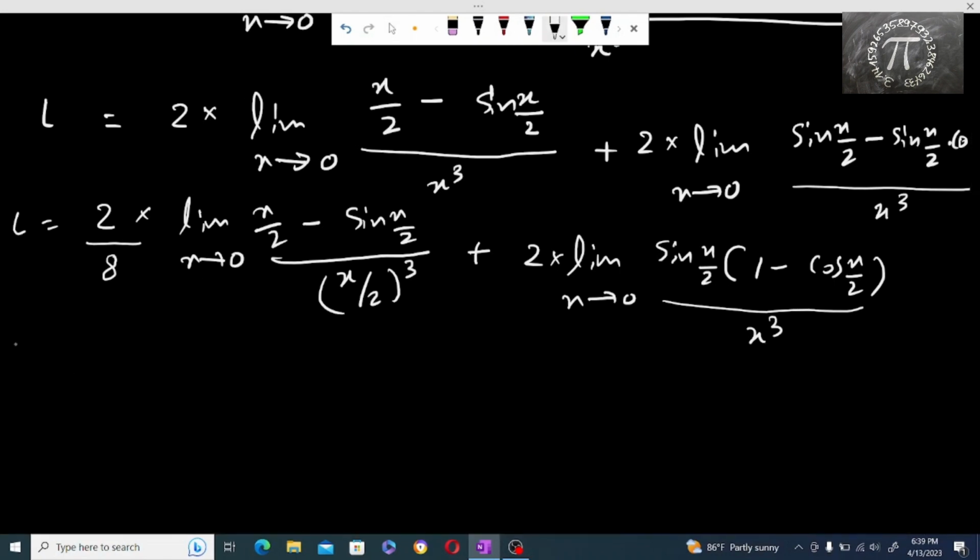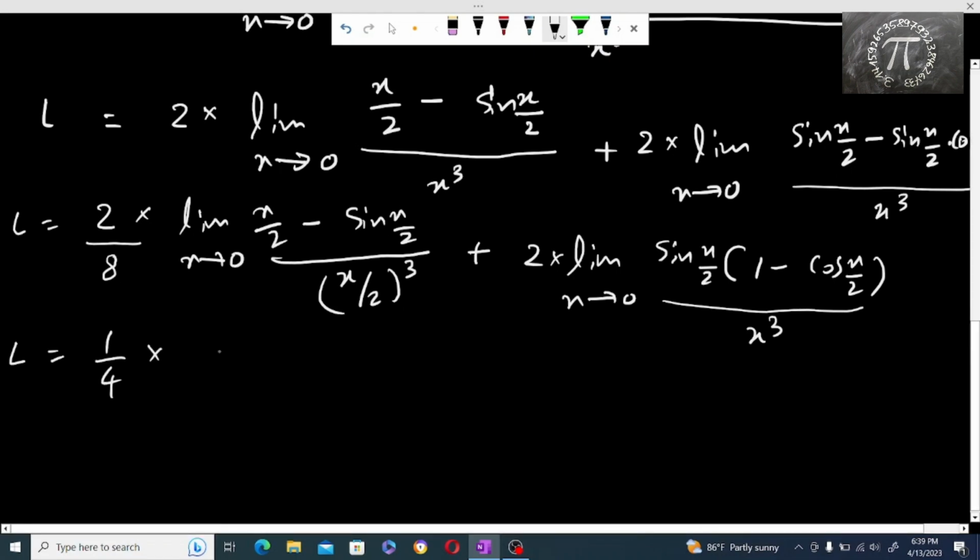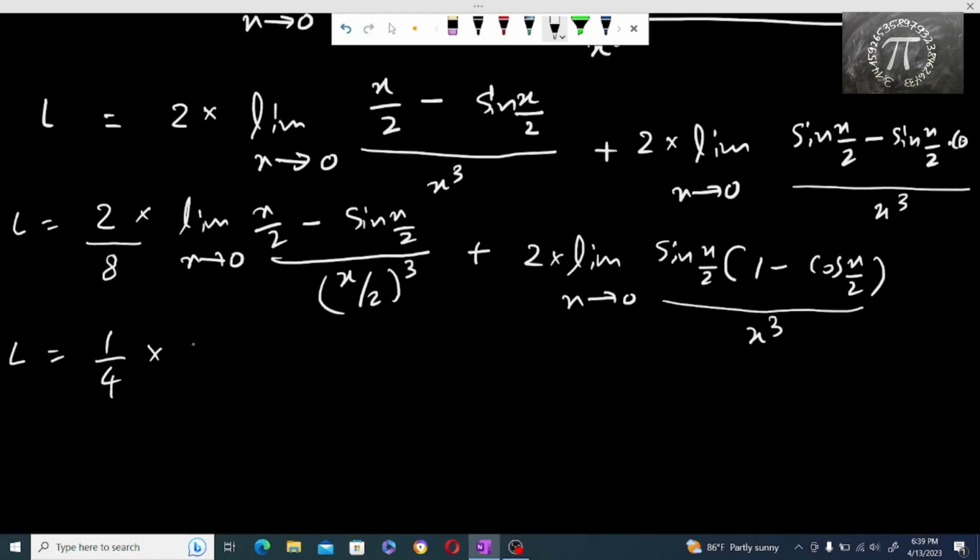Now L equals 2 divided by 8, that is 1 over 4, into the limit.